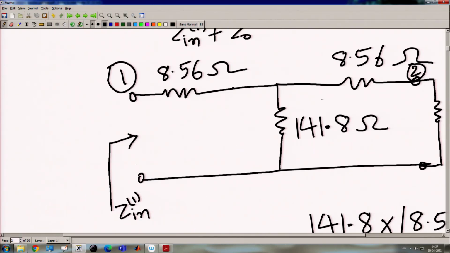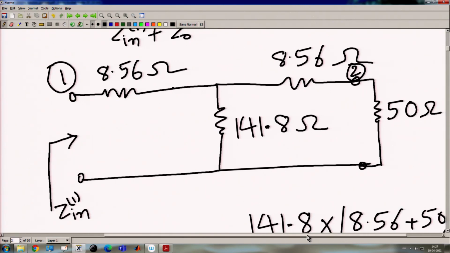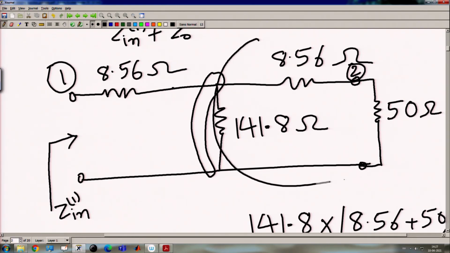So this calculation gives 8.56. How much is this coming? 50 plus 8.56. We have to find out the voltage in this region, so we have to know the equivalent resistance on this side. So this will be 50 plus 8.56.